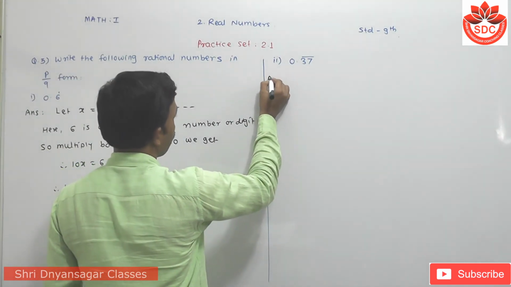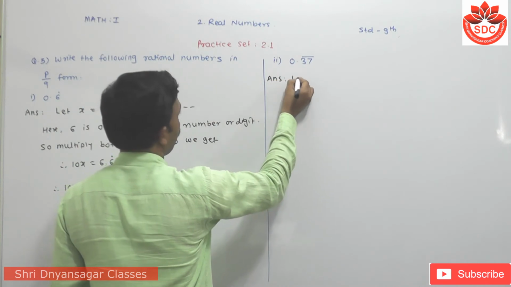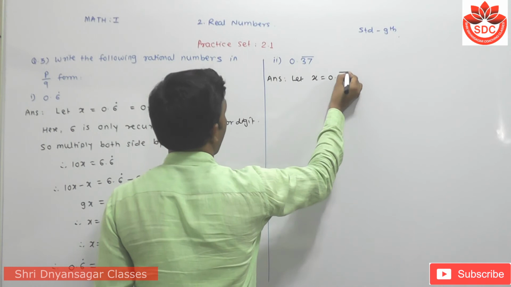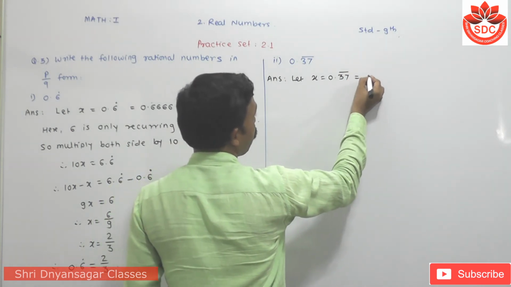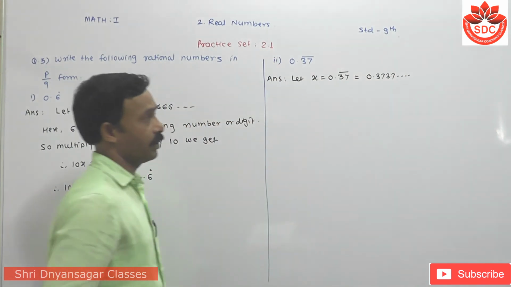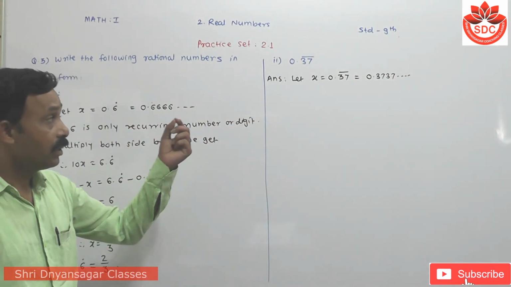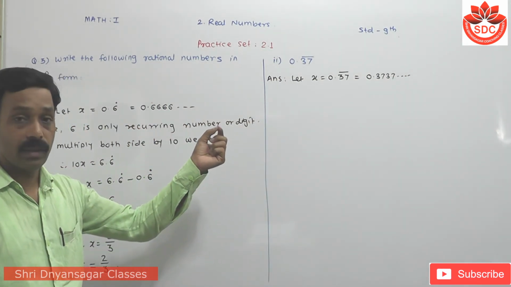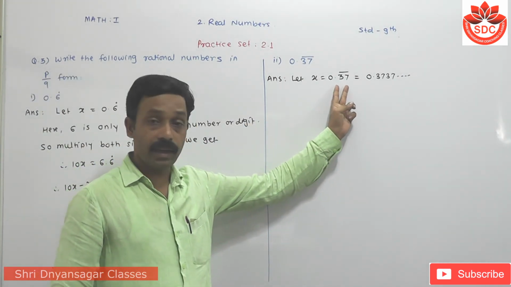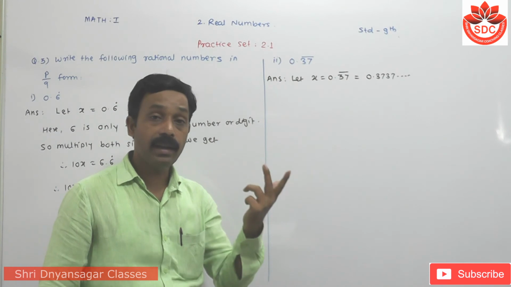Now here, answer. Let x is equal to 0.37 bar. This means 37, 37 comes many times, so 3 and 7 are the recurring digits here. If there are 2 recurring digits, you have to multiply by 100.